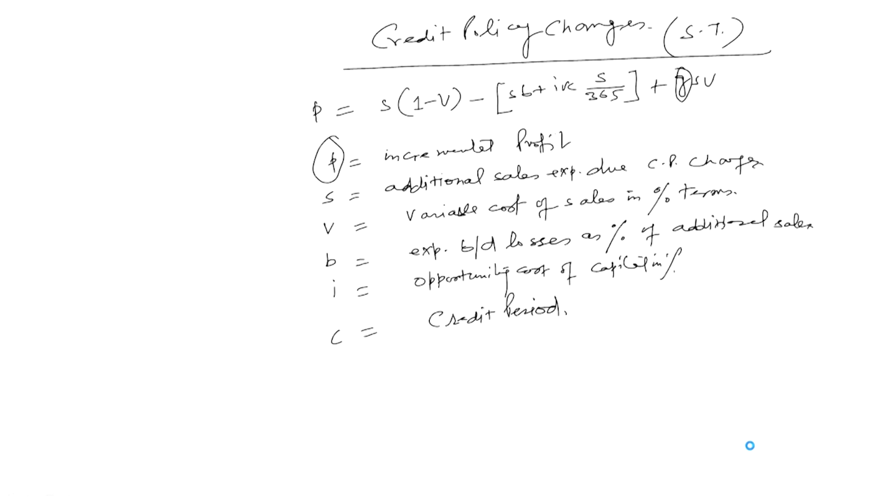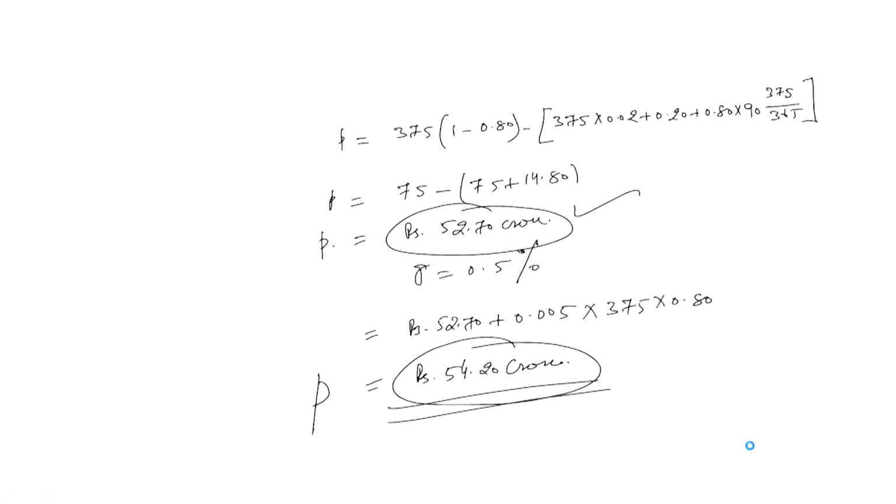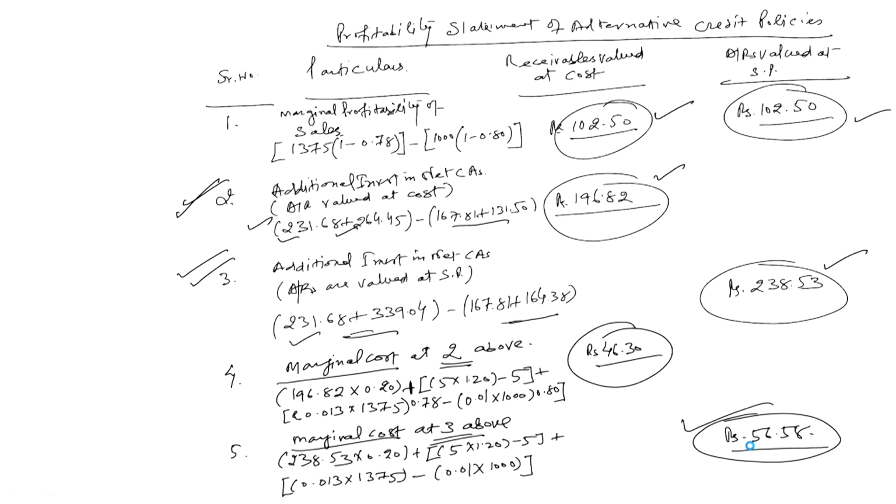So, we factored the variable cost, then the collection cost, then the credit period and the bad debt losses. Everything we factored there, we have factored here in the same manner, and finally we have learnt how to evaluate credit policy changes by firms, whether they are short term changes or long term changes.